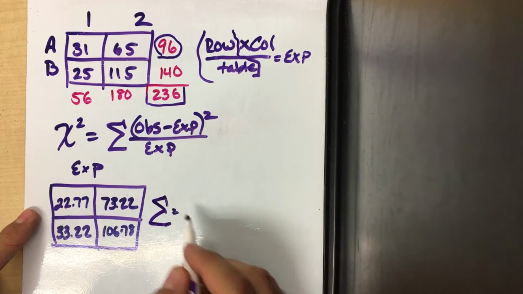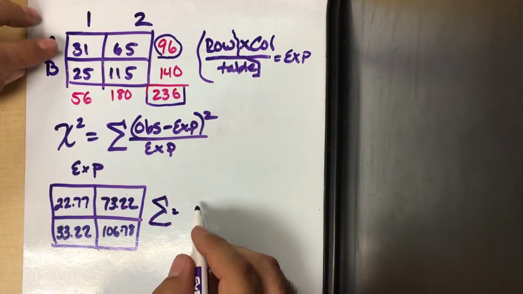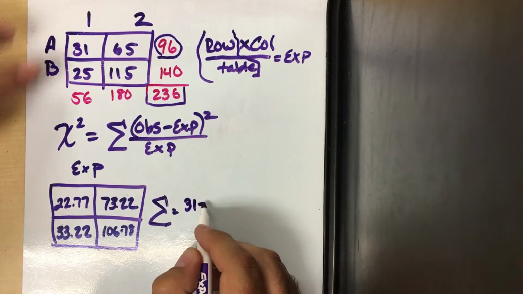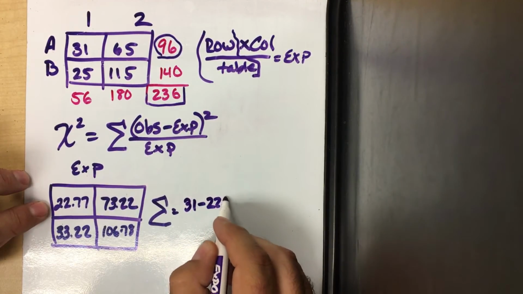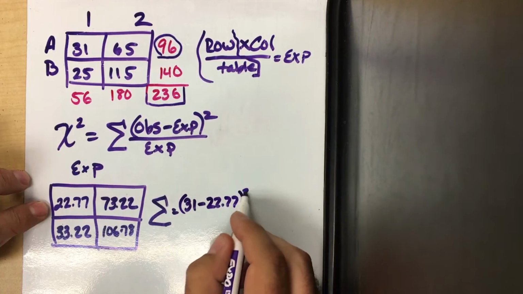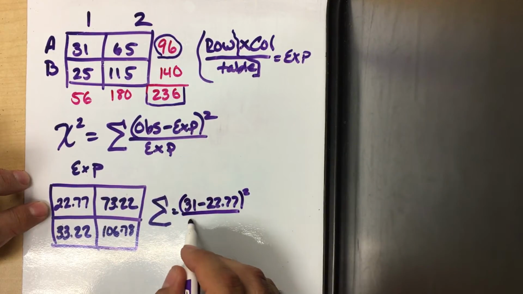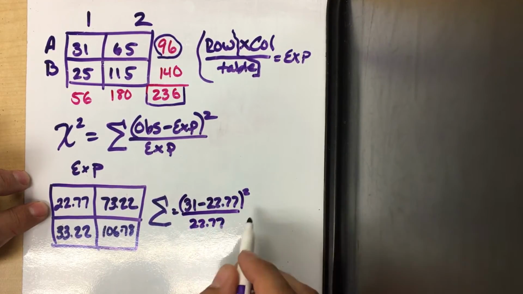So the sum is equal to, so I'm going to take my observed, 31, minus what I expected, 22.77. We're going to square that, and then we're going to divide that by 22.77.